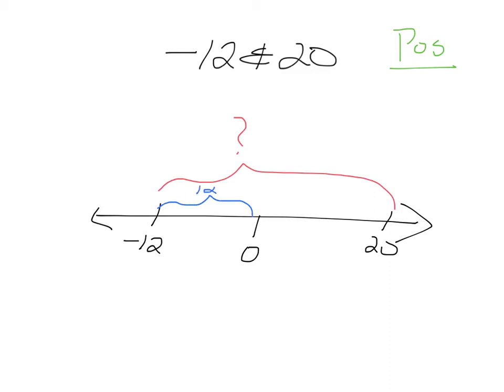Well, it is 12 units away. And also we want to say how far away is 20 from 0, which it is 20 units away. So in this case, we would simply add 20 plus 12, which would give our distance of a positive 32. So the distance between negative 12 and 20 is 32.